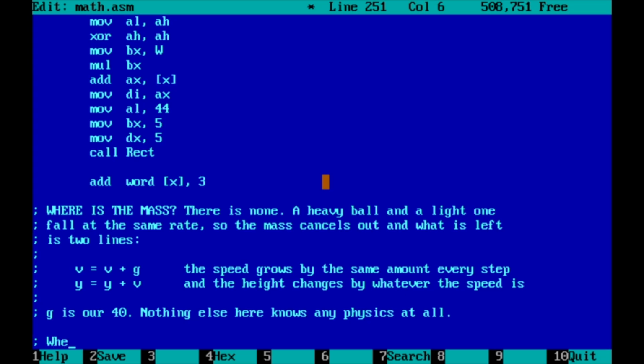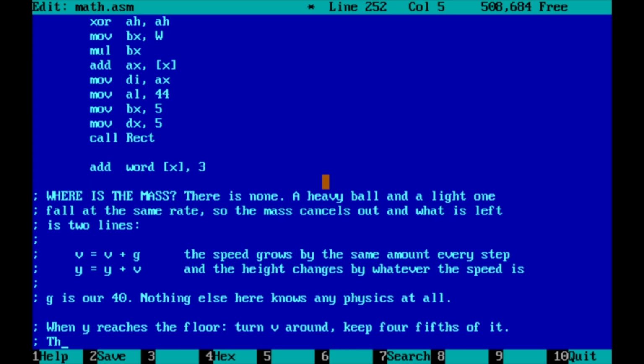And so you are not surprised in a minute. When the height reaches the floor, we are going to turn the speed around and keep 4/5 of it. That is the bounce, and losing the other fifth is why it dies down.